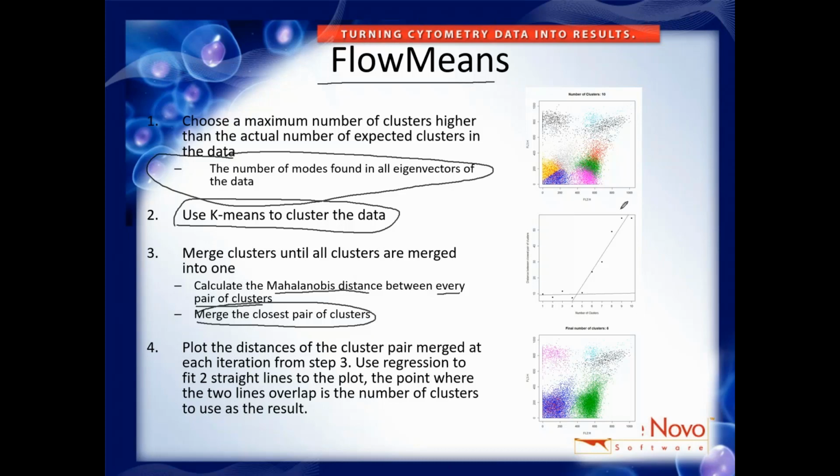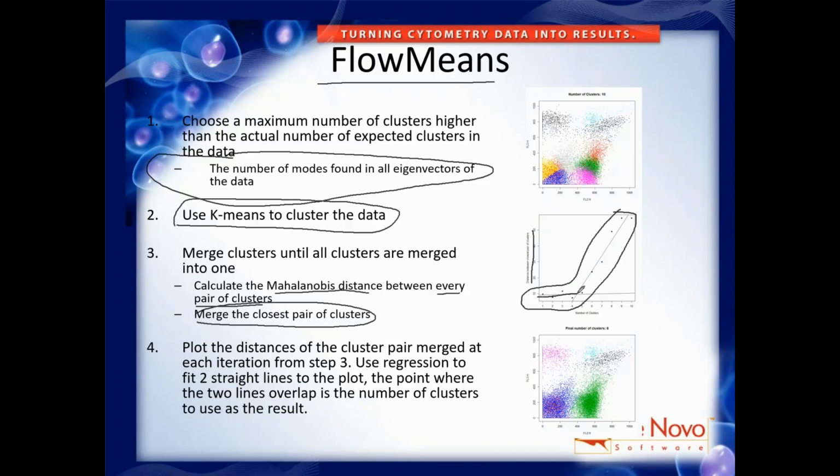And the important thing is that every time you merge the clusters, you calculate a metric. And the metric that is being used here is the distance between the closest pair of clusters. So you basically keep merging, and as you're merging, you calculate this metric.